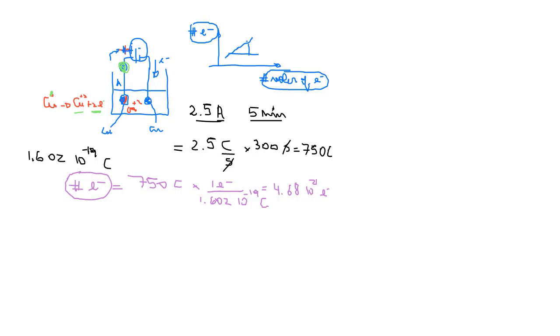So now that we understand the experiment and how we are calculating the number of electrons and the number of moles of electrons, let's look at the details in the Excel sheet. I want to show you how you have to prepare your Excel sheet to complete your report and to calculate Avogadro's number.